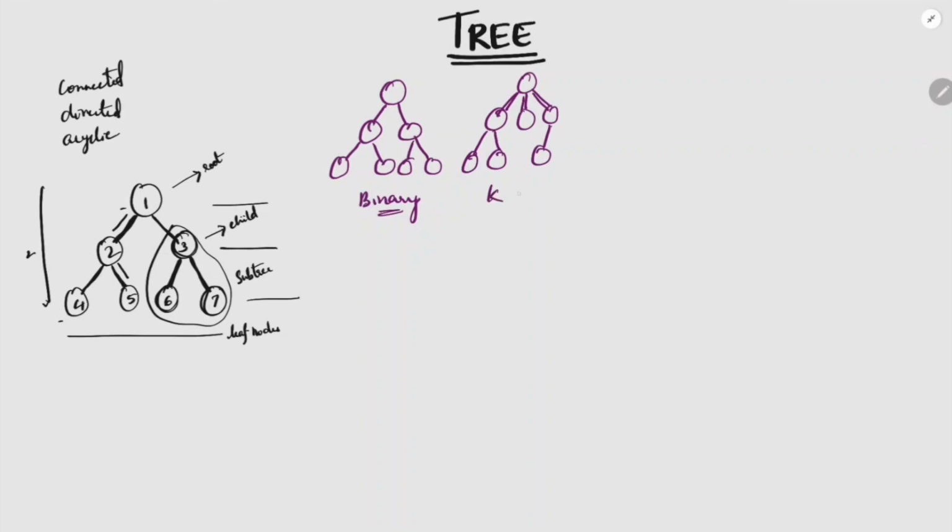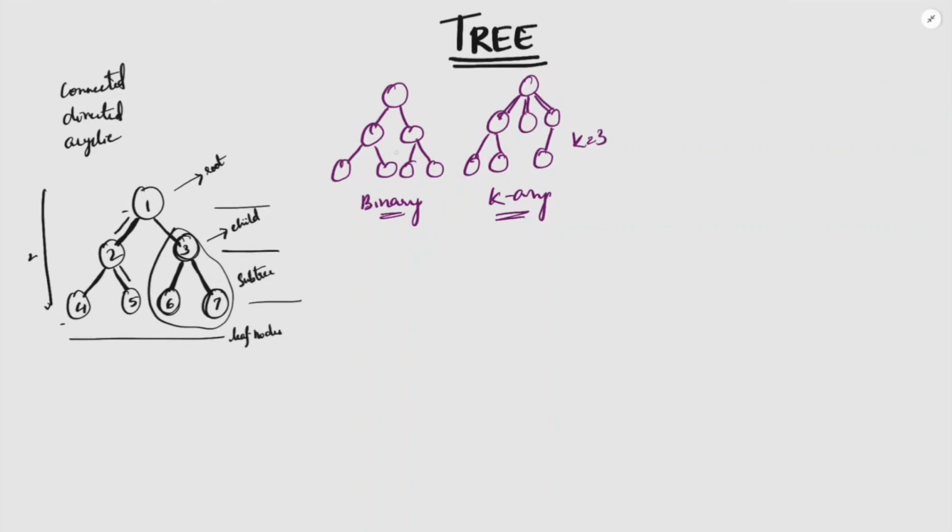So in this case, this is called a k-ary tree, where k is equal to 3. A binary tree is also a type of k-ary tree where k is equal to 2. Since we use this a lot more than any other k values, this is given a special name called a binary tree. And then there are various variations of the binary tree itself.